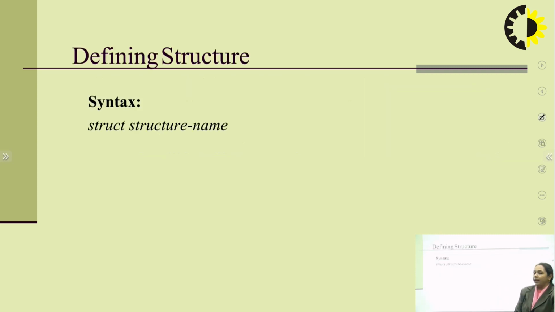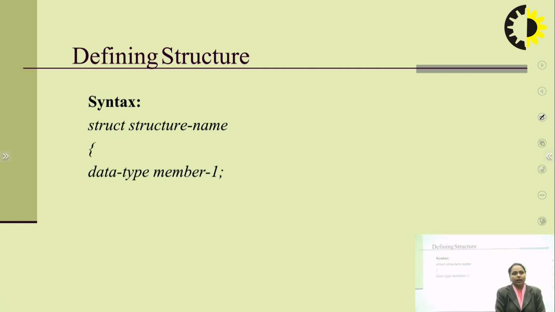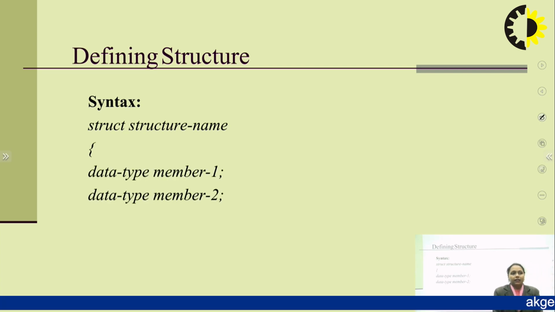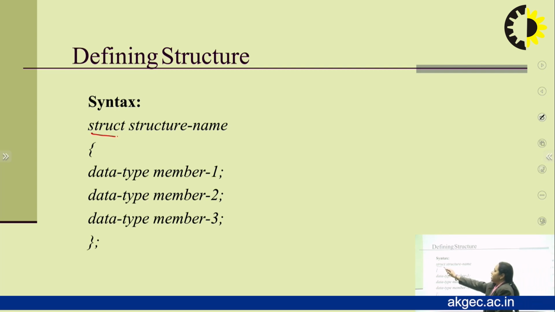Now, how to define a structure within the C program? The syntax for the structure is, we use the struct keyword. First of all, the struct keyword is written. After that, the tag name. The tag name is totally optional. There is no compulsion that we write this tag name.